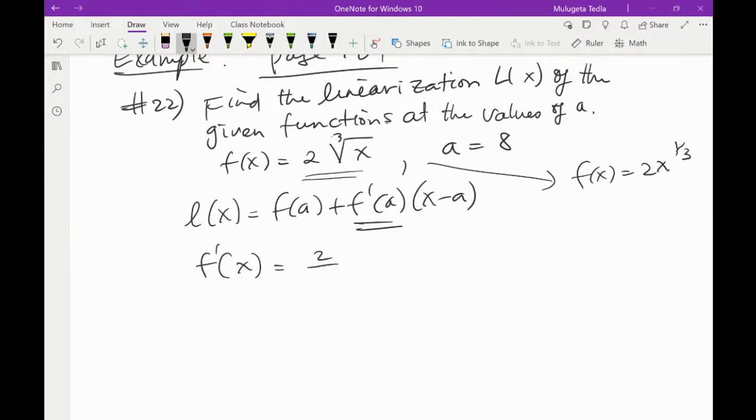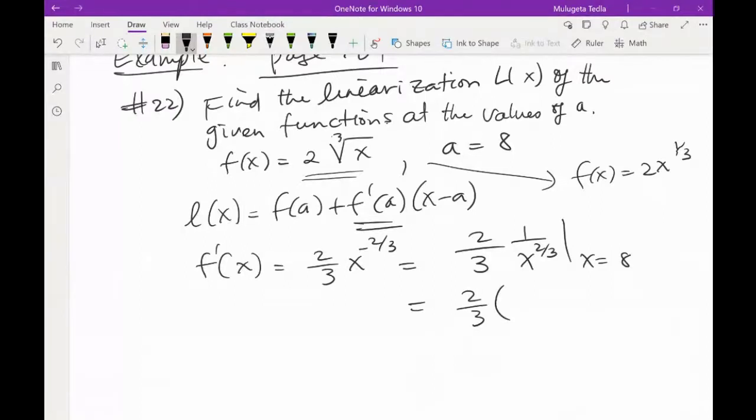So then f prime of x is 1 over 3 x to the 2/3. When x equals 8, this becomes 1 over 3 times 1 over the cube root of 8 squared. You can use a calculator. Don't do it like me. If you want to do it like me, I take the cube root of 8 first, which is 2. 2 squared is 4.